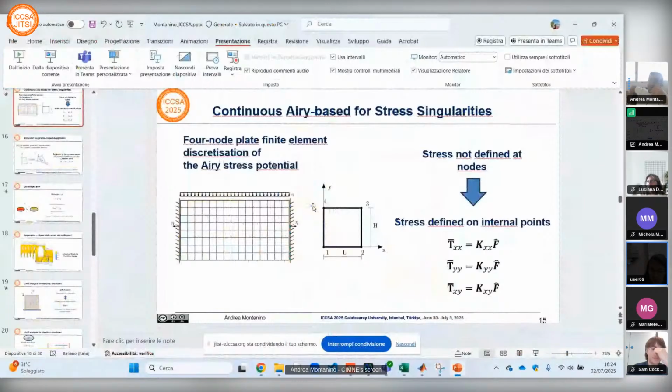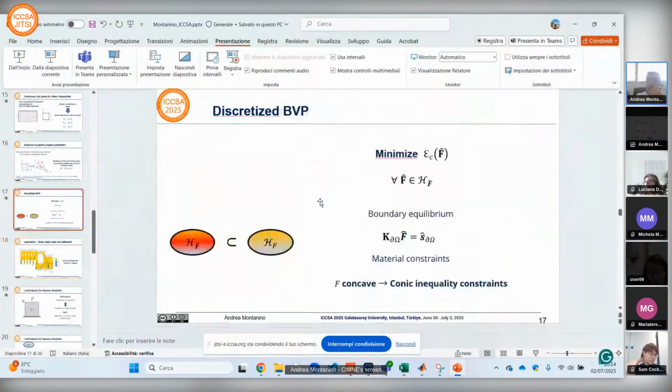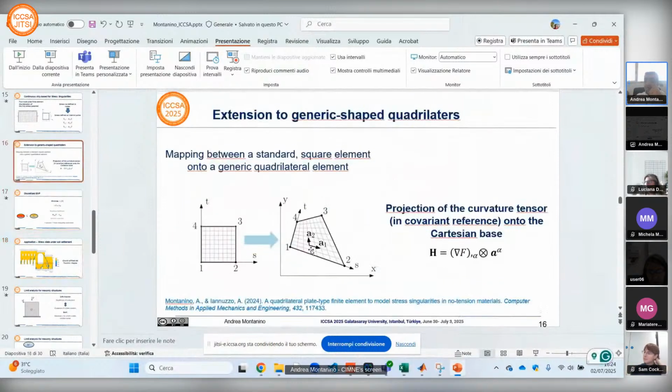It says that in case, for example, of a structure like this, of course, you cannot mesh it with rectangular elements since there is the presence of arches. To calculate the curvature in internal points, you cannot do it directly from a generic shape.